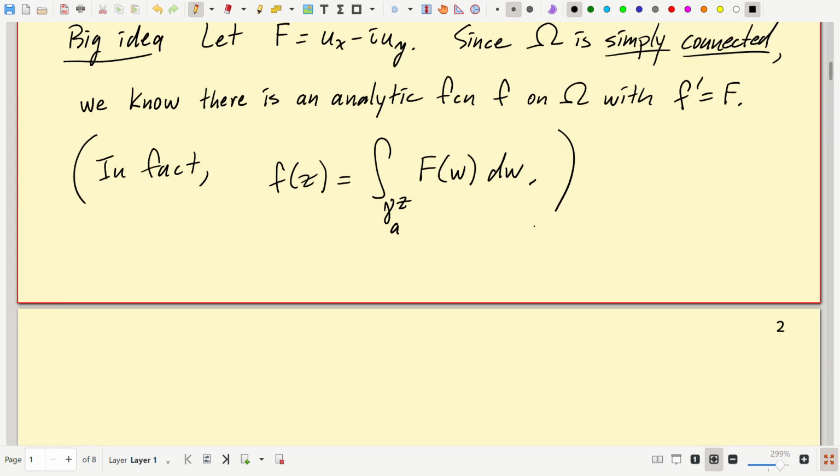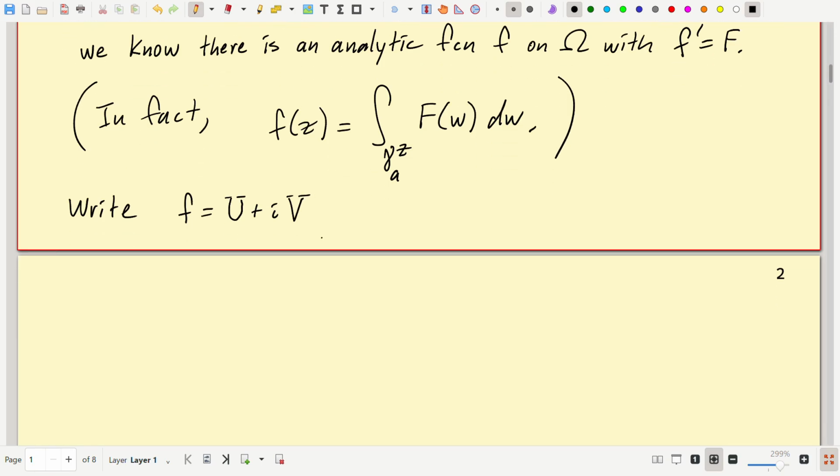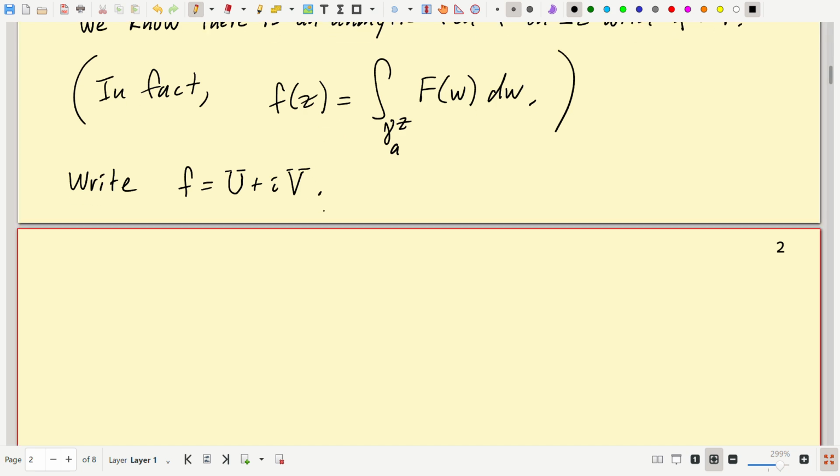Let's write f equals capital U plus iV. Now I'm going to do that red box number 1 and red box number 2 thing.